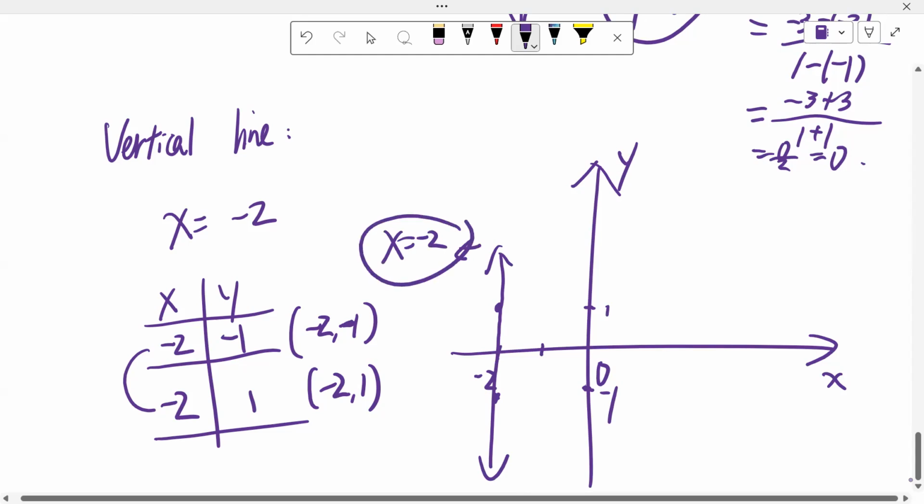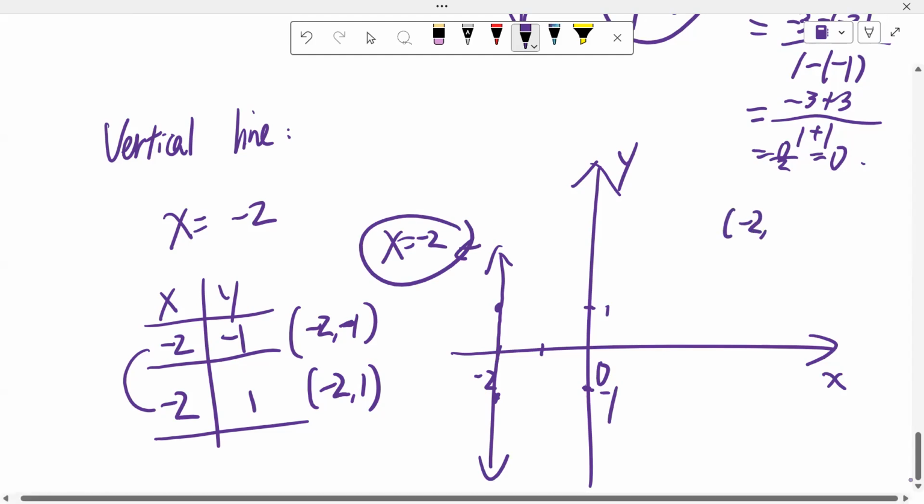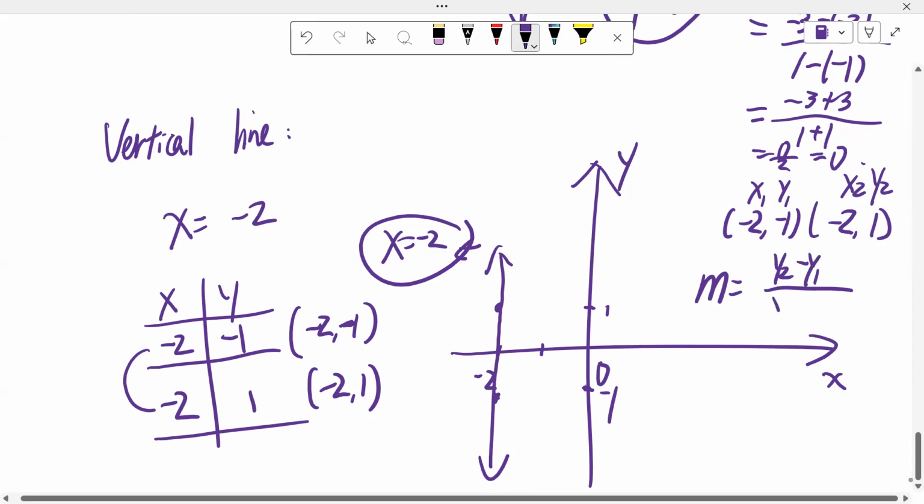If you want to calculate the slope here, (-2, -1) will be x1, y1 and (-2, 1) will be x2, y2. Slope equals y2 minus y1 over x2 minus x1. This is always the same formula, right? It's vertical change over horizontal change.